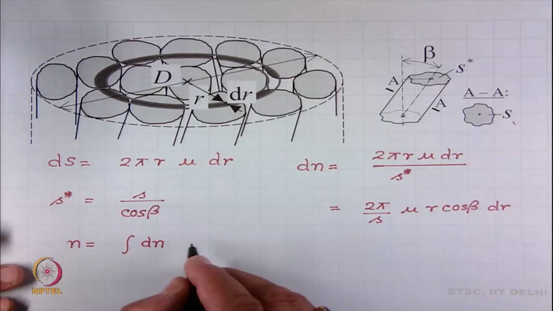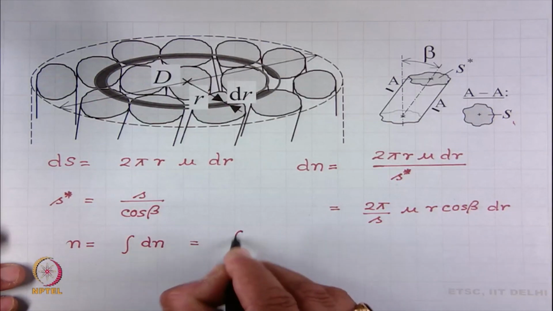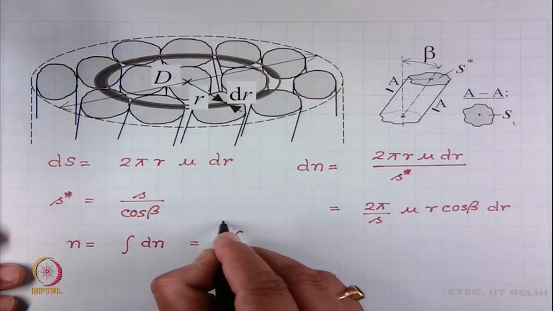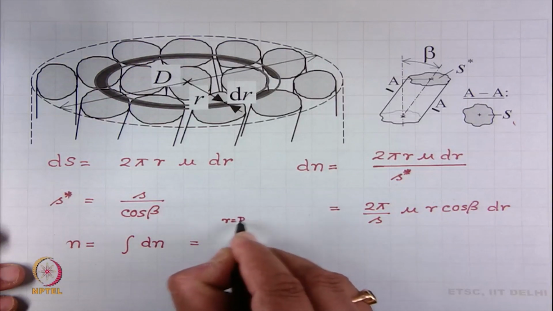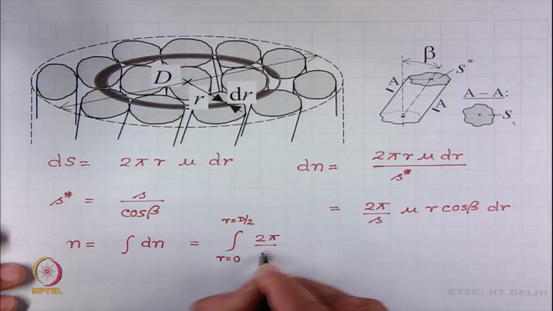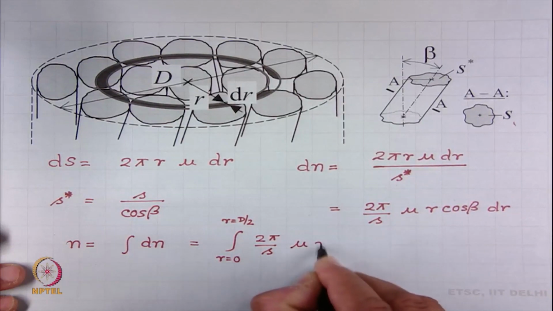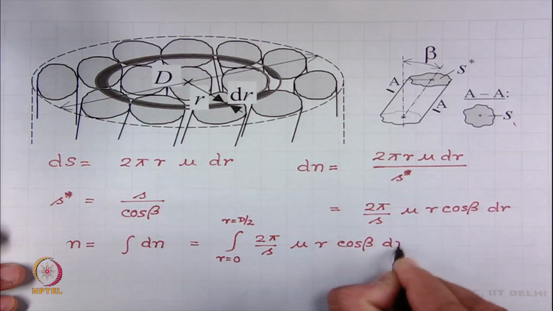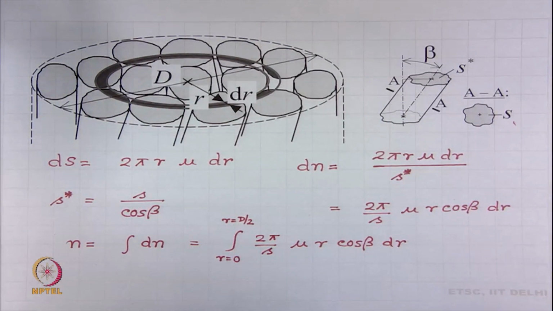So, let us integrate. r equal to 0 to d by 2, 2 pi by s mu r cos beta dr. Now, beta is a function of r, is not it?